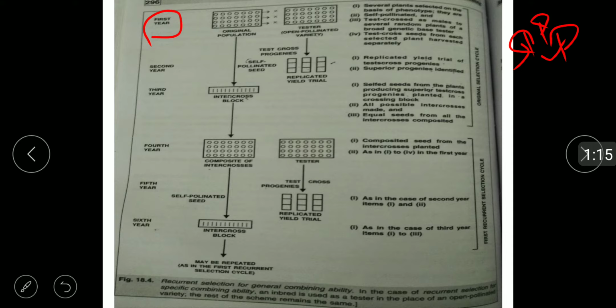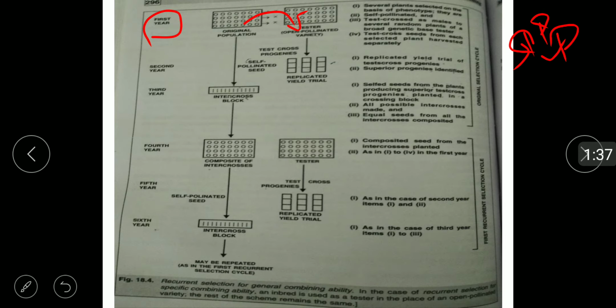That means we use pollen from the selected plants and test it on the broad genetic base. The test cross seeds from the selected plants are harvested.